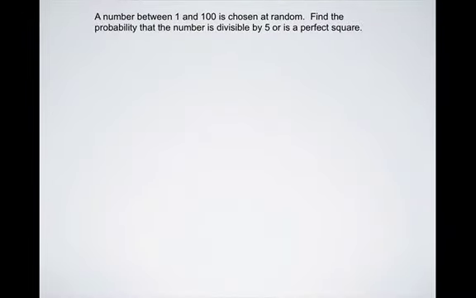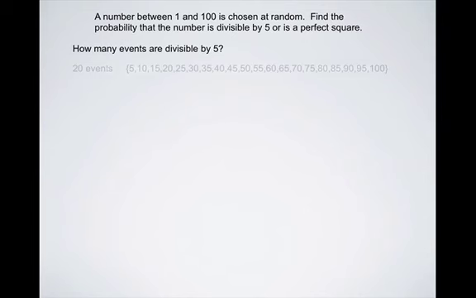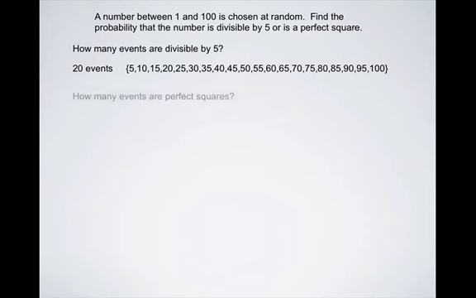A number between 1 and 100 is chosen at random. Find the probability that the number is divisible by 5 or is a perfect square. So first you have to consider how many events are divisible by 5. And here's a list of the 20. So 5 through, counting up by 5s through to 100. There's 20 possible divisible by 5.